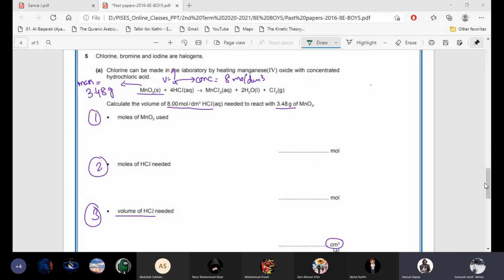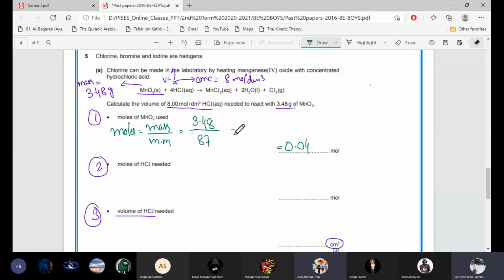Yes, it's 0.04. Tell me the formula you used. Moles equal mass over molar mass. Yes, because manganese oxide is a solid and mass is given, so we use mass divided by molar mass. Mass is 3.48 and the molar mass of manganese oxide? 87. Very good. And the answer is 0.04.